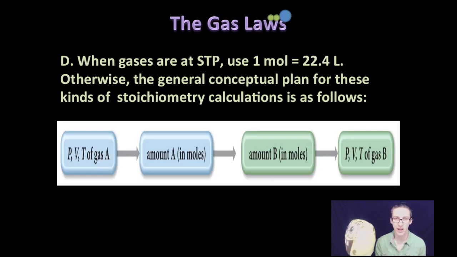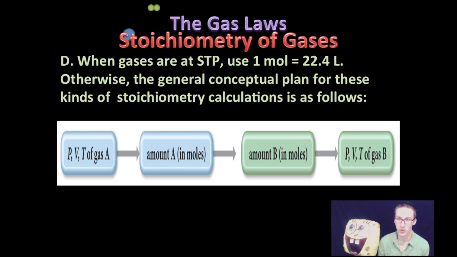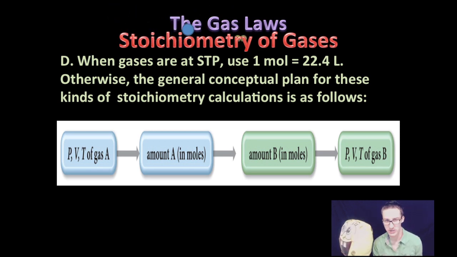Now, there's a really great graphic on your screen right now, and I encourage you to pause the video and take a moment to study it. But this, in a nutshell, works you through how you're going to solve stoichiometry calculations with gases. First, keep in mind that when you're at STP, you can just use that 1 mole equals 22.4 liters relationship. Otherwise, the general plan for what you need to do is on your screen there.